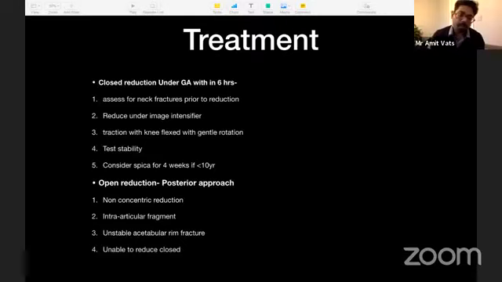The indications for open reduction would be non-concentric reduction identified on the X-rays and the CT scan, intra-articular fragments which need to be reduced or removed, and also unstable rim fractures, which make the hip dislocatable on initial assessment after reduction. And also if one is unable to reduce closed.